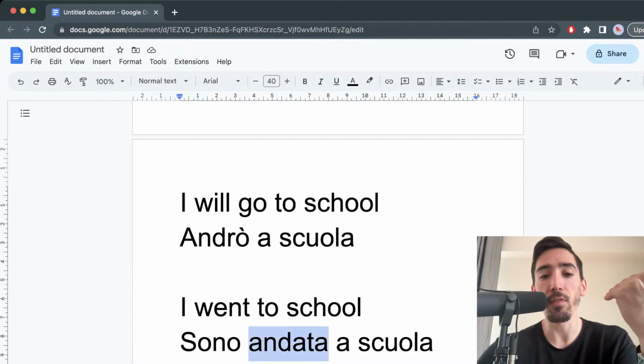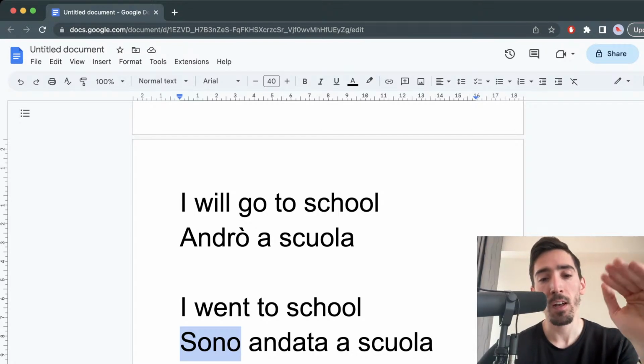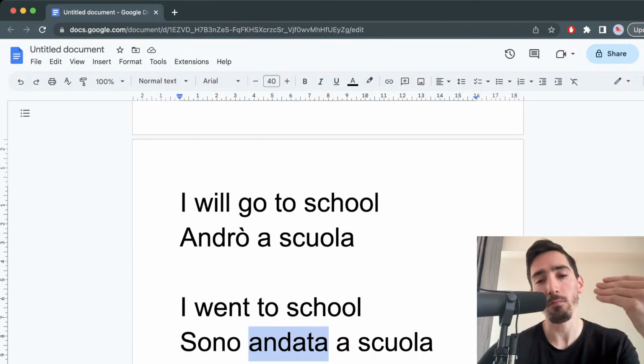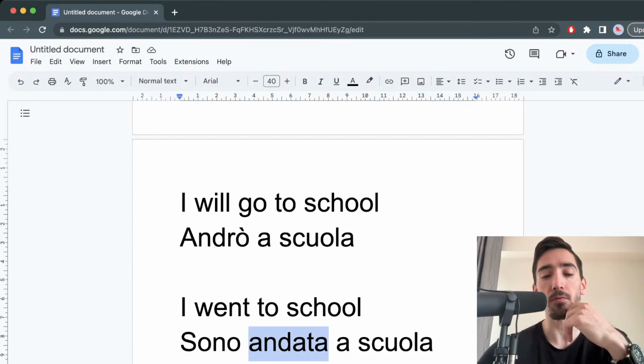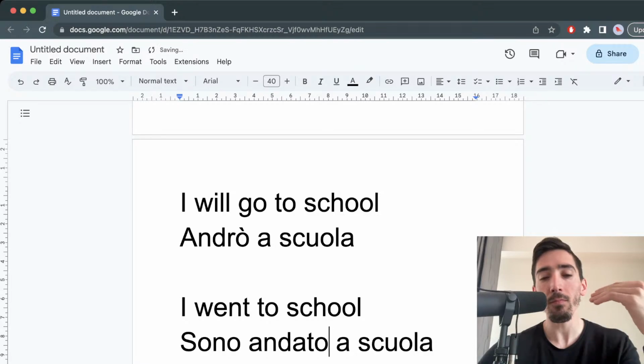So it's an intransitive verb, so we use the verb to be to make the present perfect and any complex tense. So all we need is I am, and then gone. So I have gone. That would be the literal translation. I have gone to school. Sono andata, sono andato a scuola.